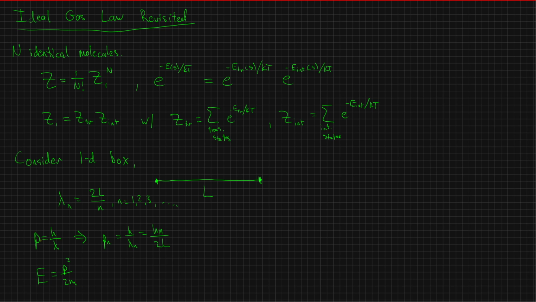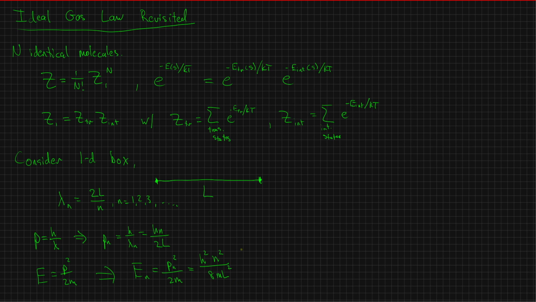So we've got a momentum, we can plug it into our energy, and we can basically get the discrete energy states for this 1D box. So E sub n is equal to p sub n squared all over 2 times m, which if we plug everything in, we get Planck's constant squared times n squared all over 8mL squared. So these are just the energy levels for a quantum 1D box, basically.